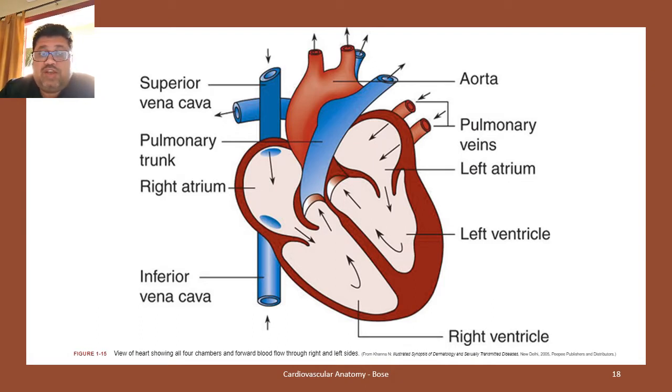In terms of ventilation, quiet resting breathing does not alter the point of maximal impulse because of minimal excursion of the diaphragm. However, with deep inspiration, there is more significant inferior depression of the diaphragm, causing the heart to descend and rotate to the right, displacing the point of maximal impulse away from the normally palpable position.